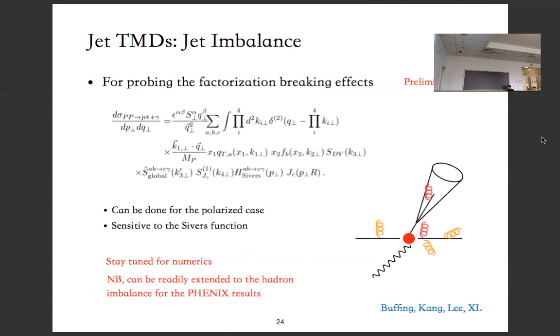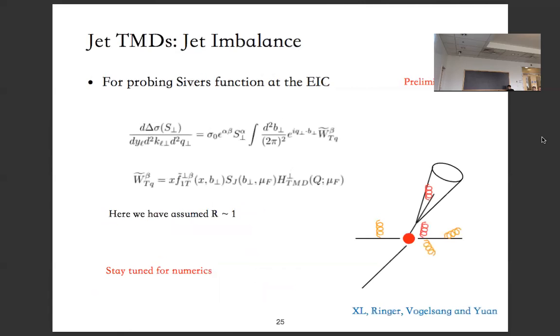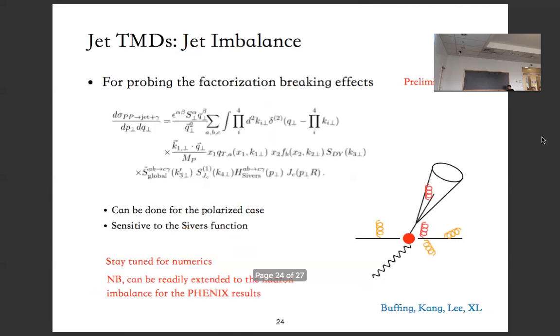That's one thing. The other thing is we can use the jet imbalance to probe the Sivers function at the EIC. In this case, there is no factorization breaking term, so we can directly test the Sivers function. More or less, the cross-section can be written this way, which is very similar to what we had before.